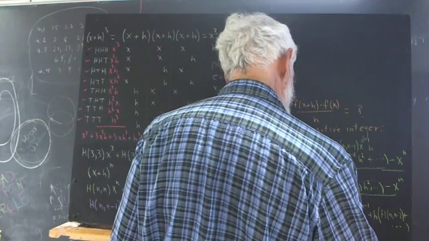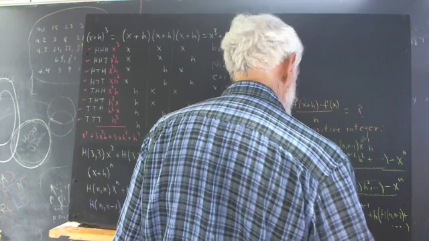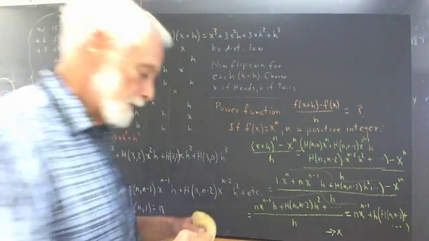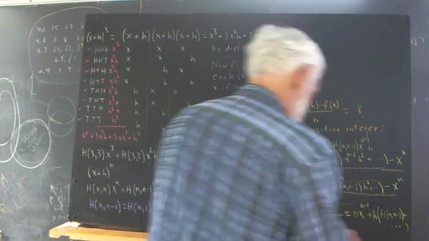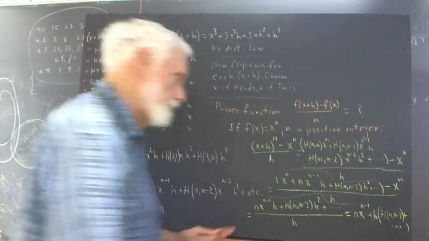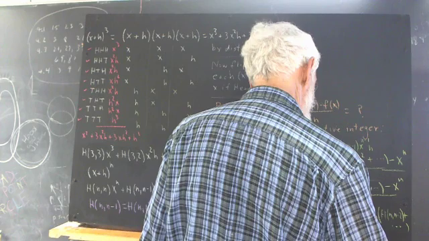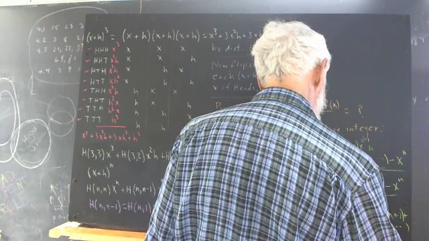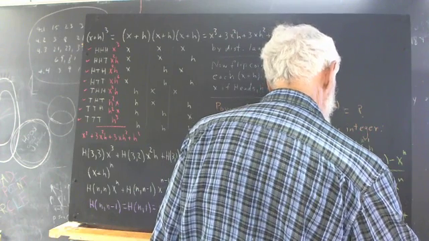So the result approaches, okay, I wrote it carelessly. This approaches n times x to the n-1 as h approaches 0.